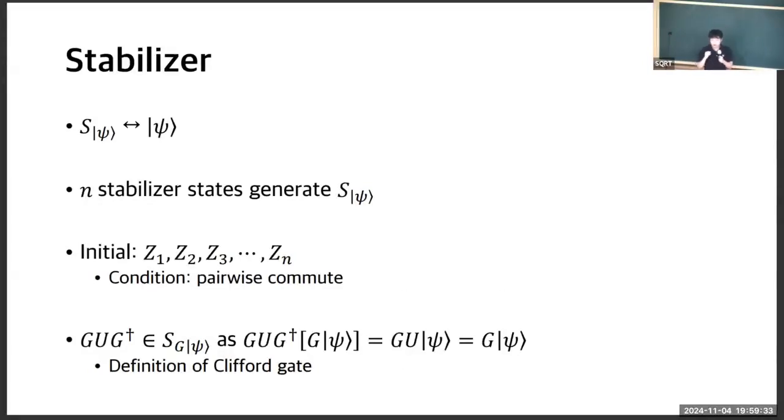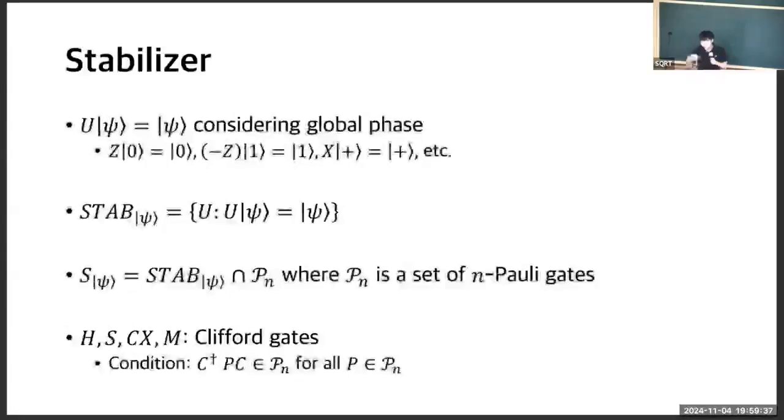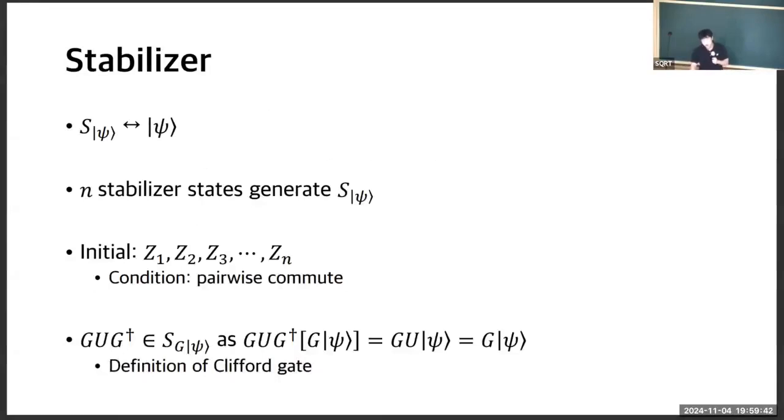And because of that, Pn, which is the set of n-qubit Pauli gates, has dimension 4 to the n. Half of them would be stabilizers, and half of them would not. So that makes n stabilizer generators for S psi because it makes 2 to the n, right?